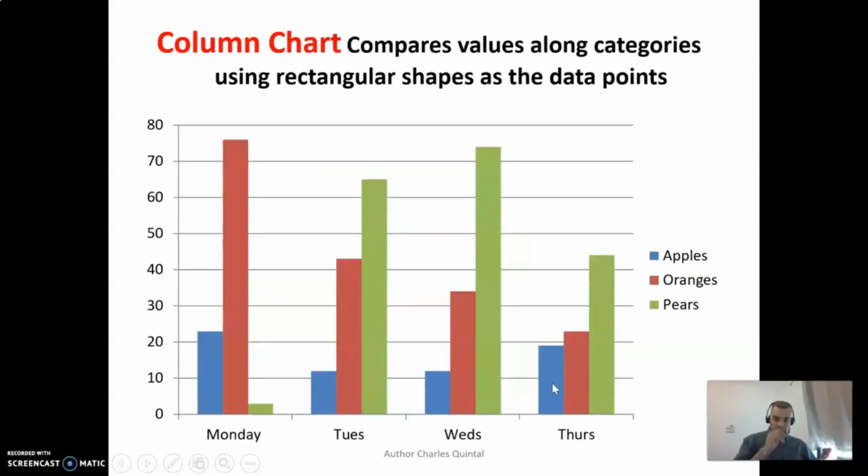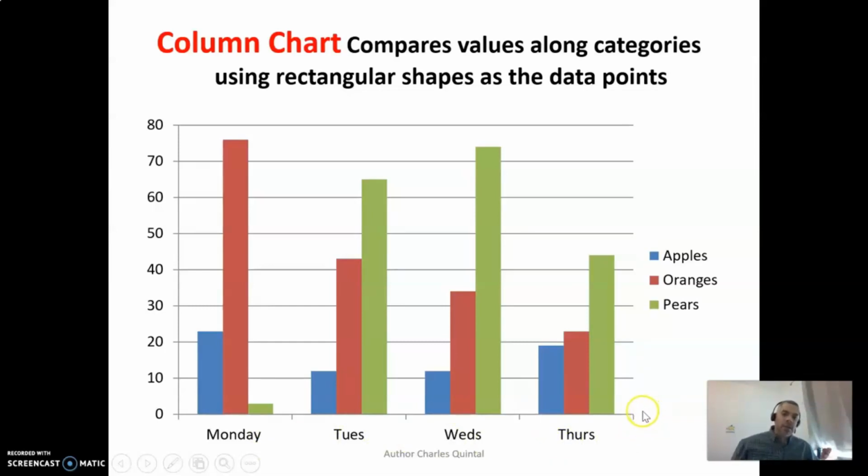A column chart, again, we can compare values along categories. So these numbers on the left hand side here on your vertical axis could be sales for different items, apples, oranges, and pears over the days of the week. We could have also used a line chart for this because remember the days are a period of time, aren't they?